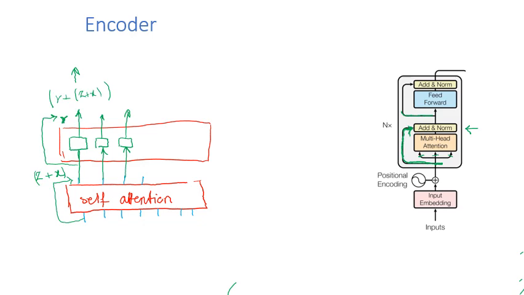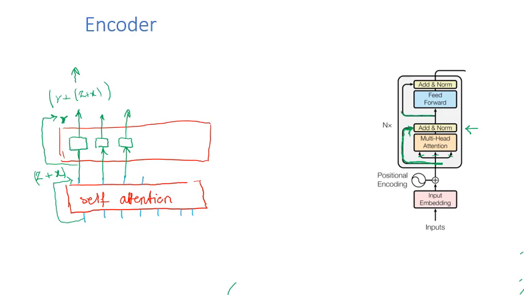Okay, you may wonder, why do we add X to Z here? We want to keep the identity of the input. X was basically a representation of, say, a word, a token, right? And when this X, the representation of our token, goes through self-attention and produces Z, Z is a weighted sum of values of this representation.